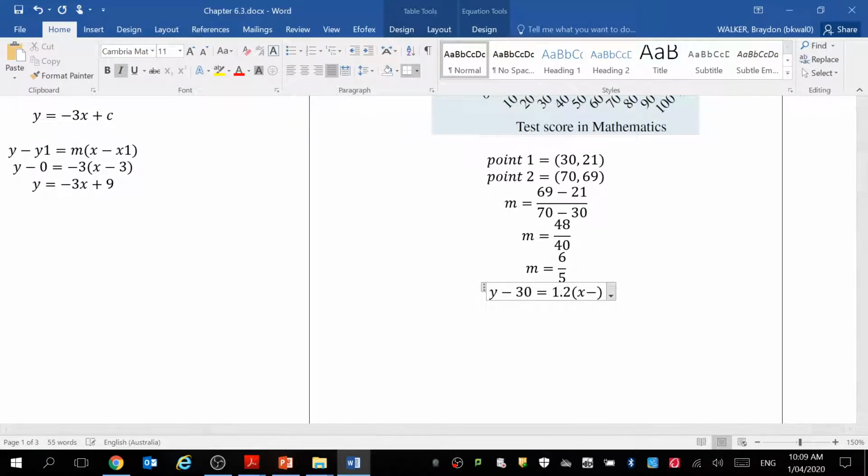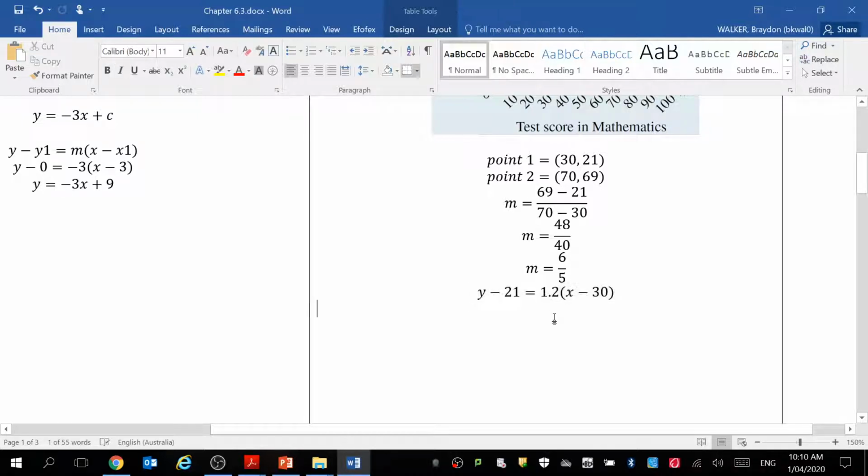Our x1 value... Oh, I just realized I've used the different one. Sorry for that mix-up. The y1 value is 21 because it goes x then y, so 21. Yep, there we go. We rearrange, and we're going to solve. So it becomes plus 21 over here. 1.2 times 30.